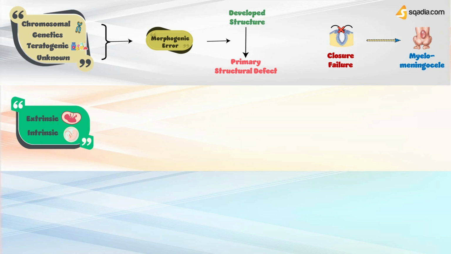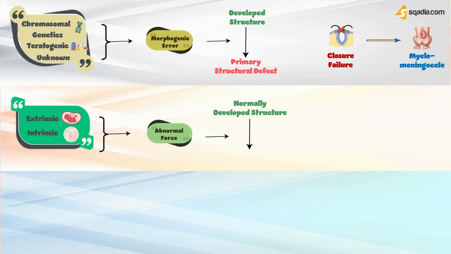Now, George, you can continue. So, all of these are abnormal force. It means in deformation, there is normally developed structure on which abnormal force acts. That leads to altered structure or position.